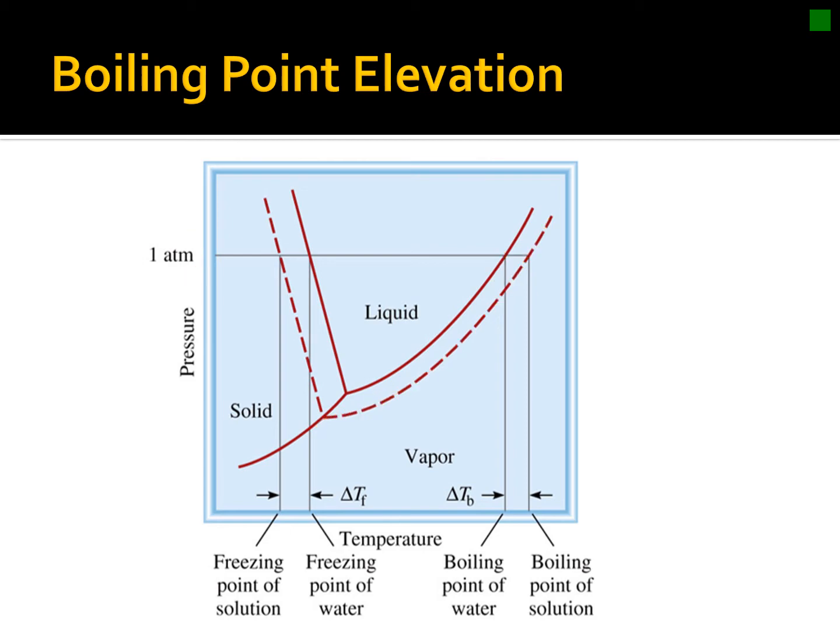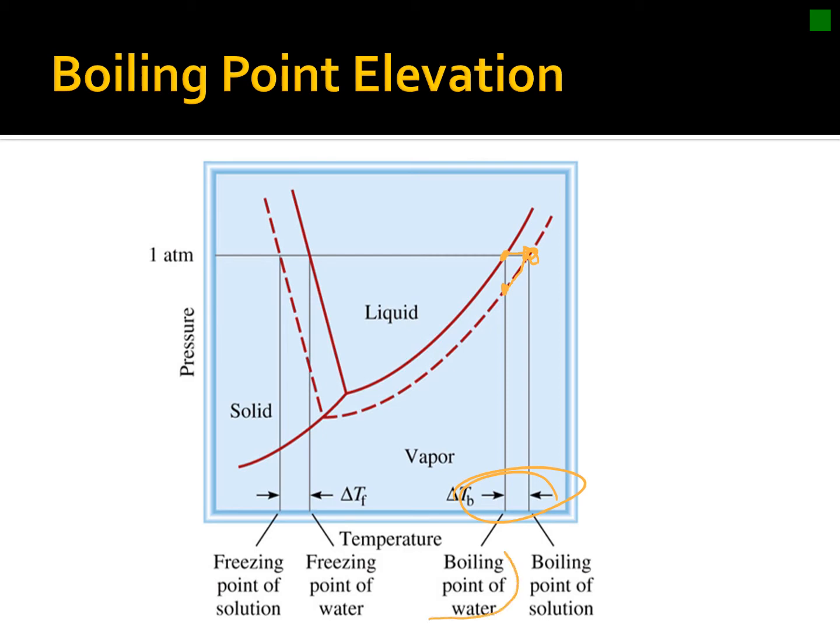So normally, when I'm at 1 atmosphere and I don't change my temperature, my vapor pressure is right here. Well, I still need my vapor pressure to equal my atmospheric pressure if I would like it to boil. So what I need to do is go over on this curve, which means what did I just do? I increased my temperature.